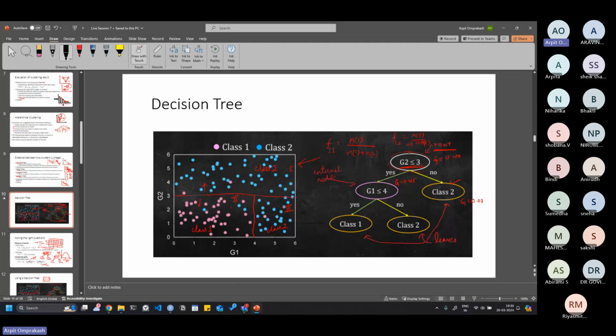And the other thing is, how do we ask these questions? We compare different questions by comparing splits, using something called information gain.